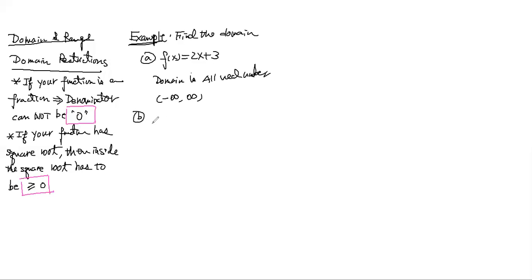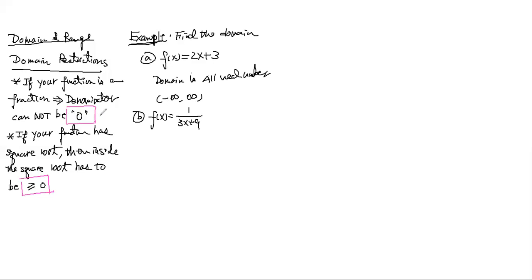Okay, the second one. Let's take a look. If my f of x is equal to a fraction with denominator 3x plus 9, oh, I have a denominator. So that's my restriction here.